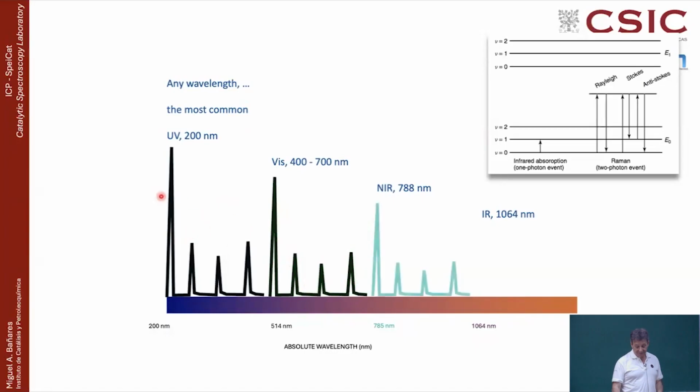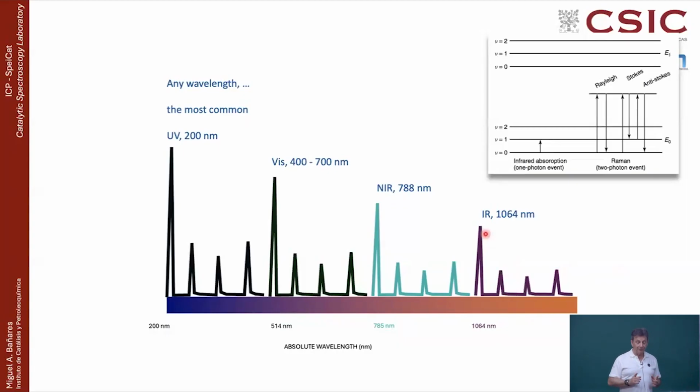And if you look at the same sample with a near-infrared laser at 788 nanometer, you will get the same 3 peaks, 1, 2, and 3, and these peaks will be at the same distance from the laser. So always the energy taken by these 3 transitions is the same, no matter which laser you use. And if you use an infrared laser, again, you will get the same peaks at the same distance from the laser.